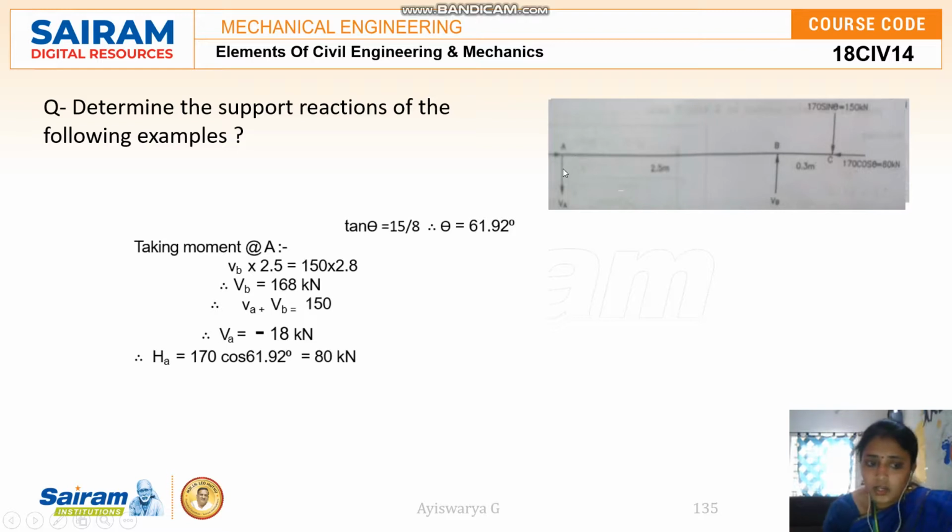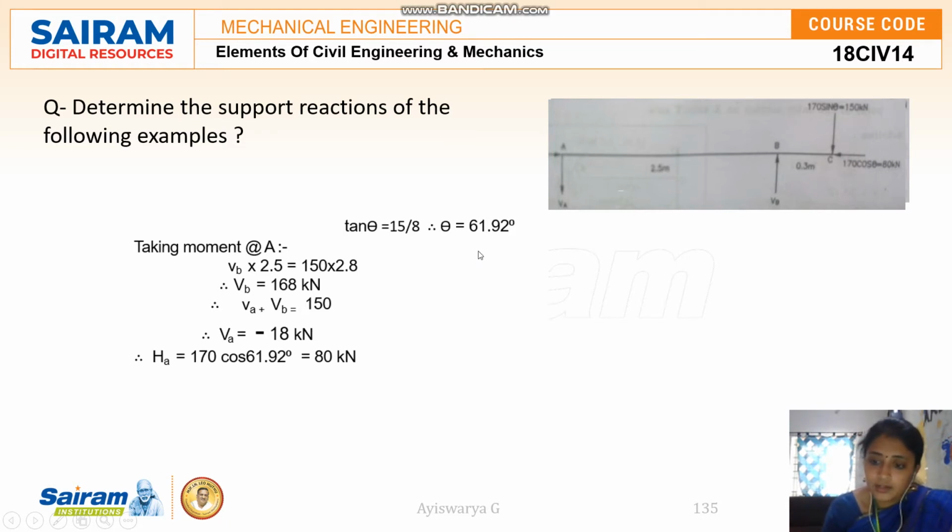See guys, directly if you take moment with respect to A, you will get VB into 2.5 meter clockwise direction, which is equal to this 150 into 2.8 meter, that is 2.5 plus 0.3 meter, and the horizontal one will get 0 because it is on the same axis, and VA plus VB is equal to this 150 Newton.